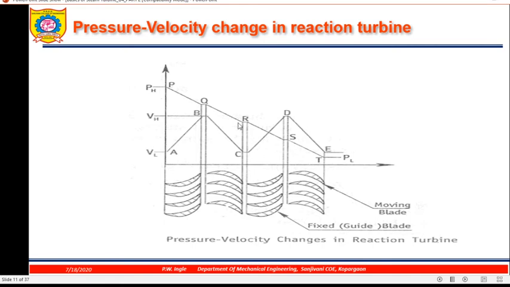So here pressure is continuously reducing. At last you are getting a very low pressure. Pressure reduces, velocity increases. Here velocity decreases because it will be absorbed by the moving blade. So this is the pressure velocity change in a reaction turbine.